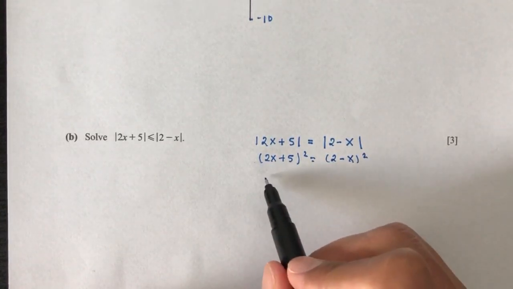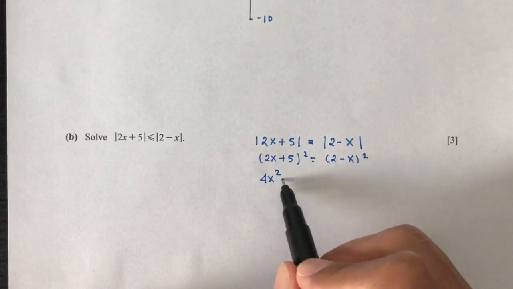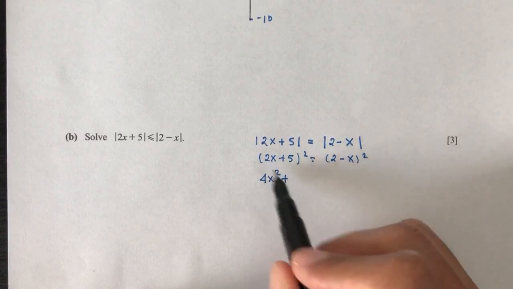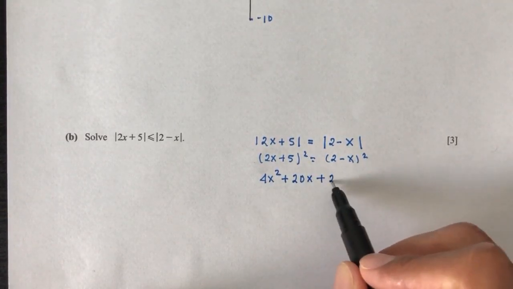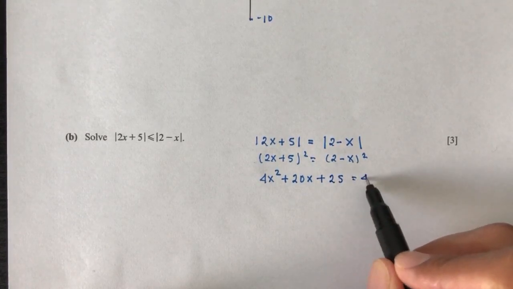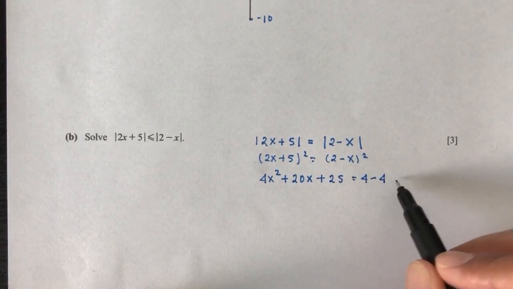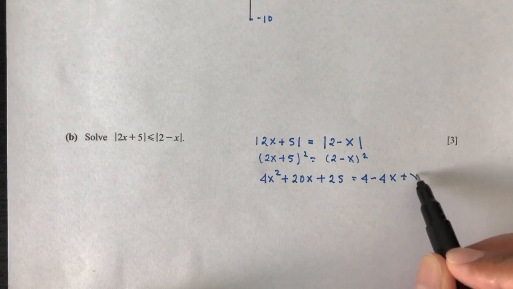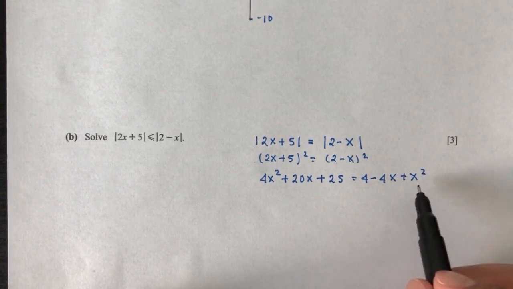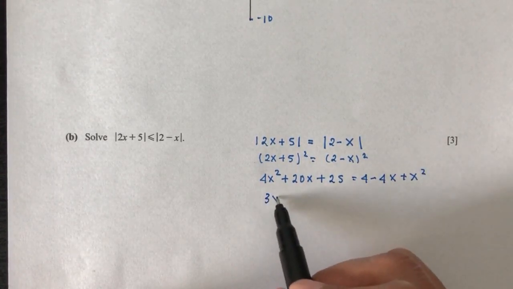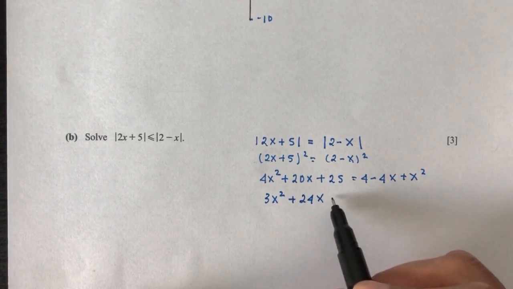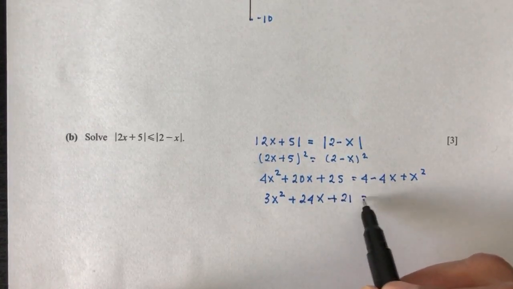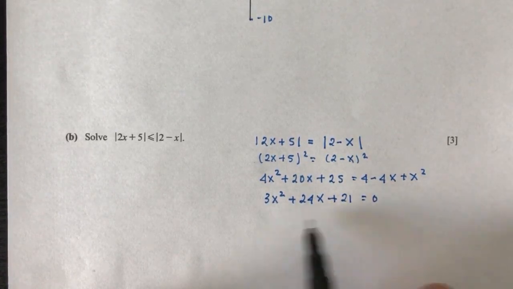Now we have 4x squared plus 20x plus 25 equals 4 minus 4x plus x squared. So we send this over here, we'll have 3x squared plus 24x plus 21 equals 0. So we can divide everywhere by 3.